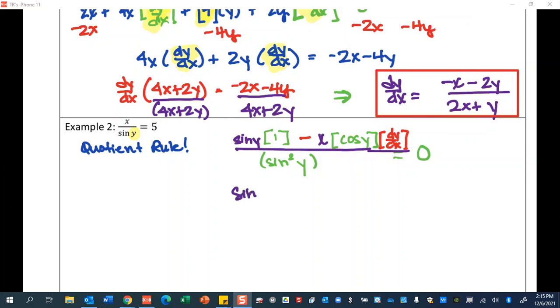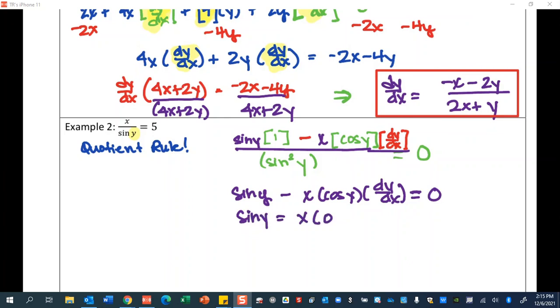Okay, so the sine of y minus x times the cosine of y times dy dx is equal to 0. And just to keep everything positive, I'm going to add this term to both sides.